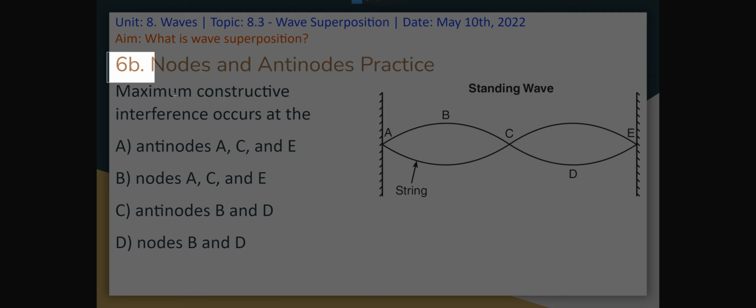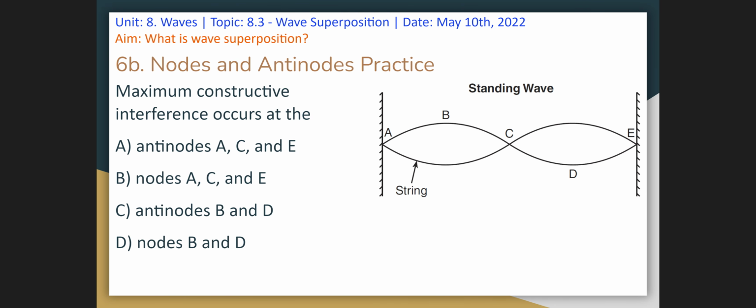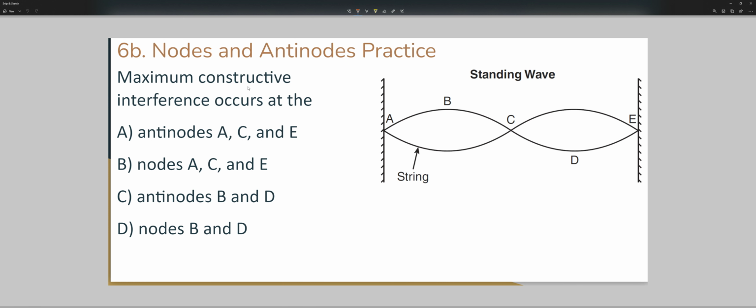This question, on the other hand, is asking: maximum constructive interference occurs at which points? When the question says maximum constructive interference, they're essentially referencing antinodes.